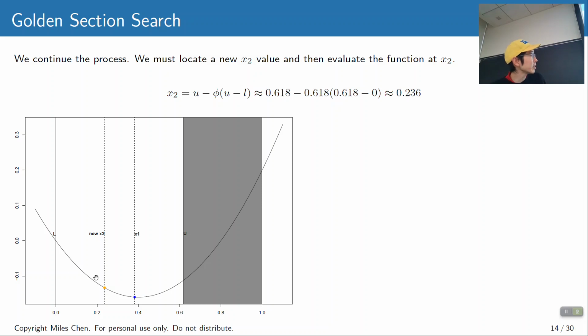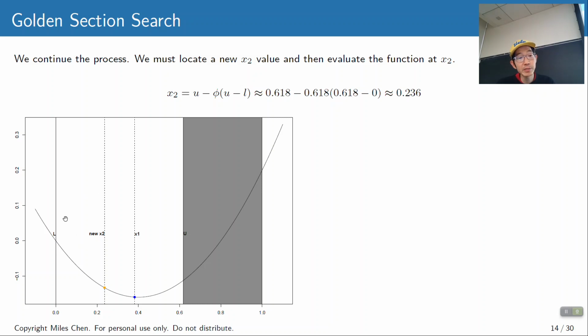And I do the same kind of thing. We know there's a local minimum somewhere between the lower and the upper bound. And after evaluating the function, we know the function at x2 is higher than the function at x1. So if we're going to focus our search on one of these sides, we're going to focus on the search between x2 and the upper bound.